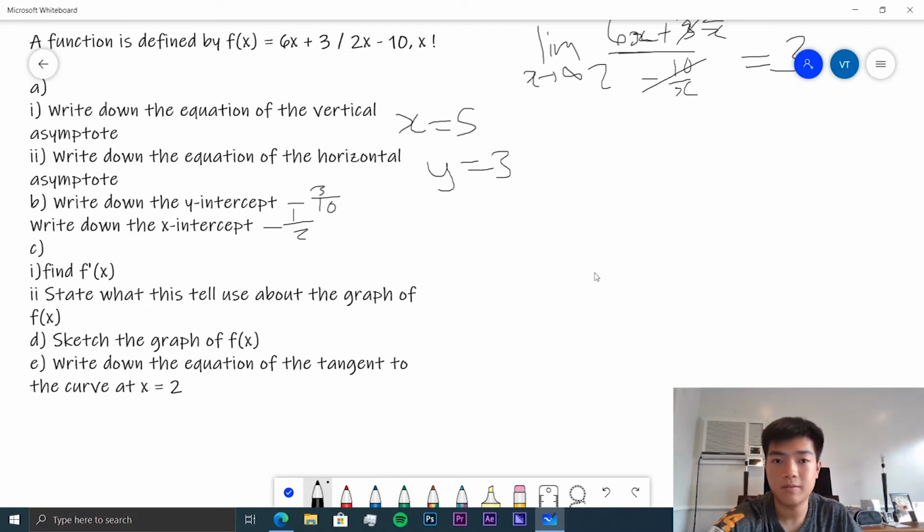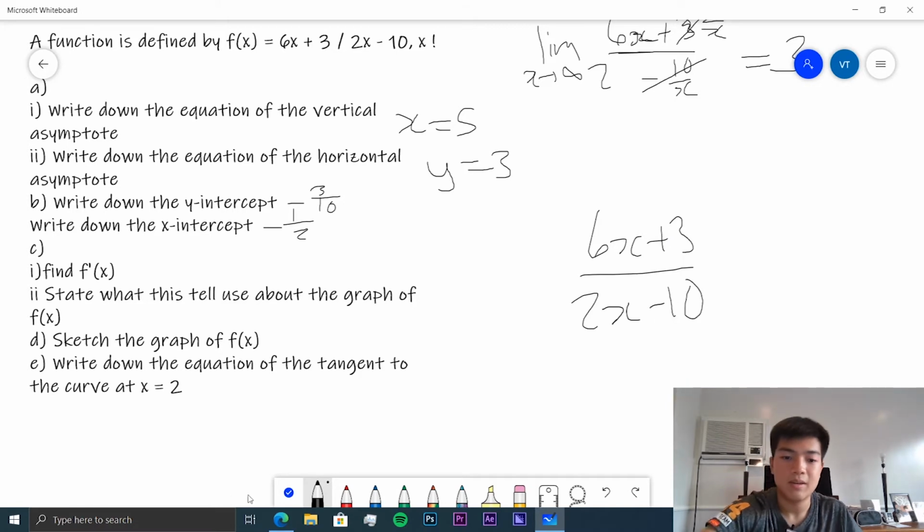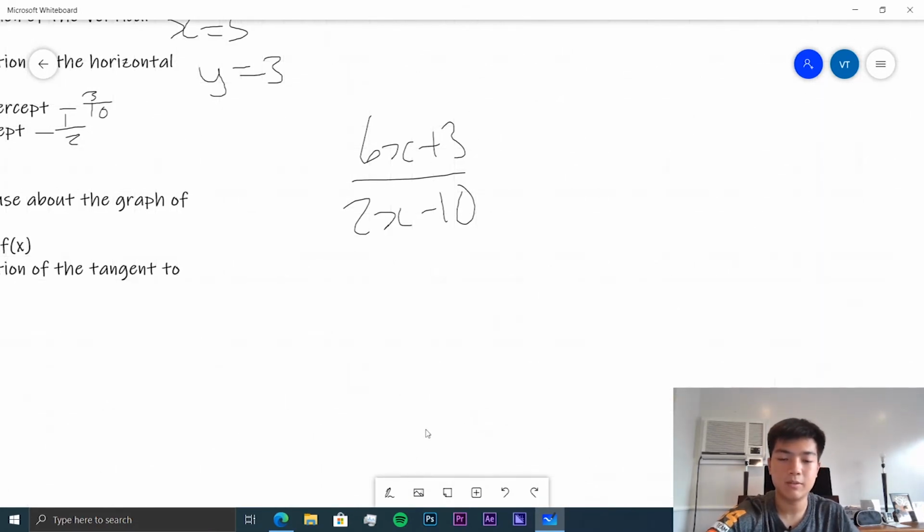Find the derivative. So we need to find the derivative of (6x plus 3) over (2x minus 10), which we can do using the quotient rule.